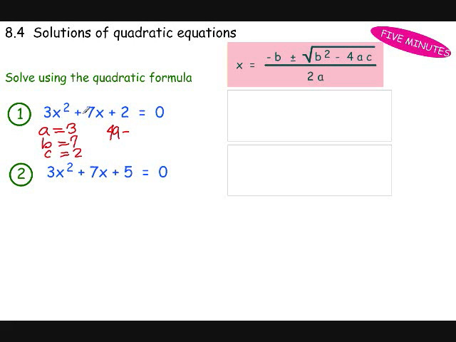Everything was positive here, so I know when I multiply a and c times 4, this negative is going to stay negative. a times c, 6, times a negative 4, so subtracting 24. That's equal to 25.